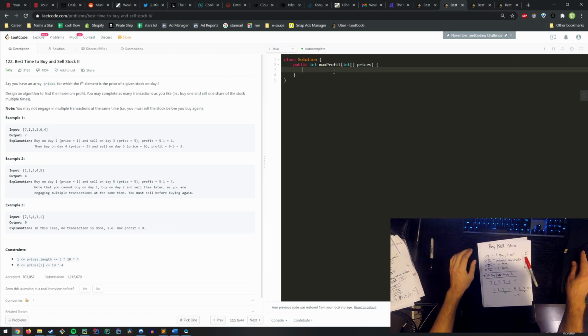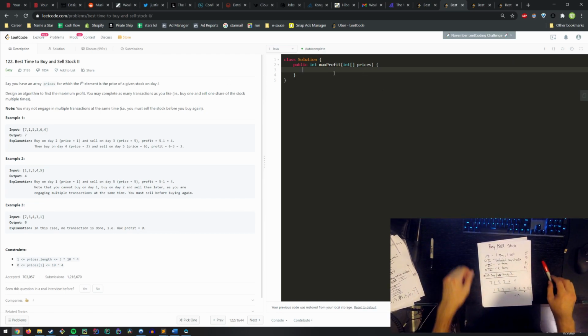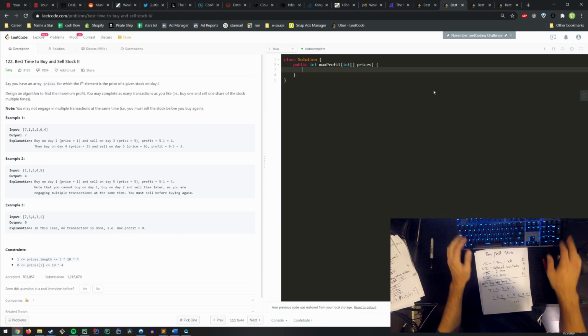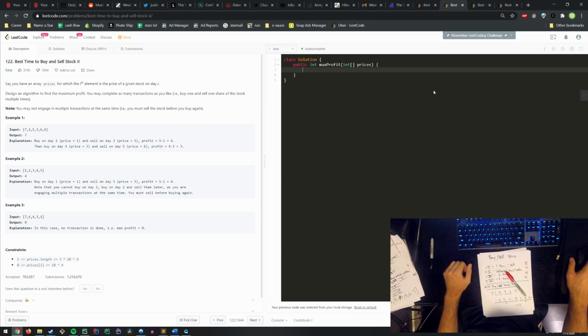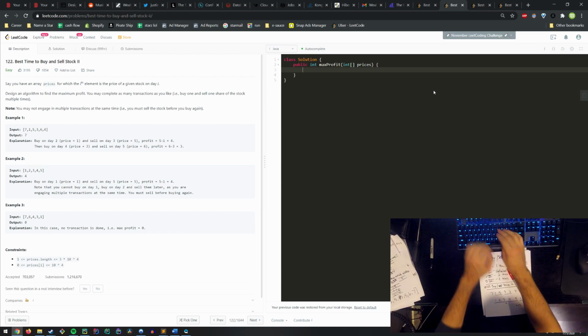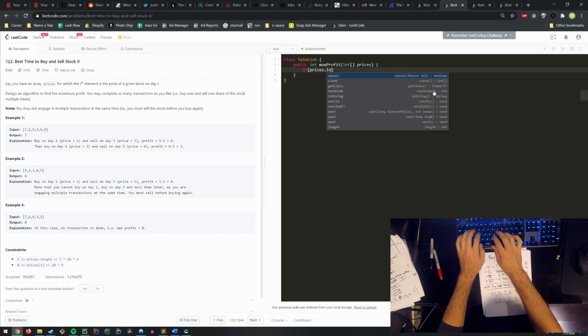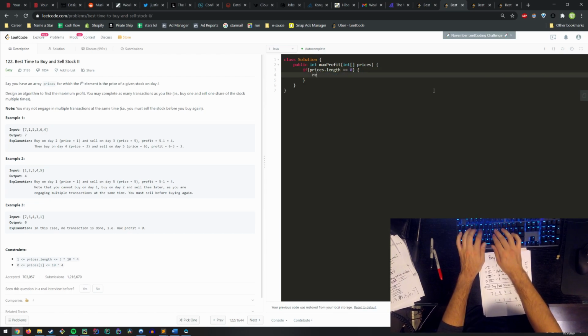See, buy sell stock 2. All right, we get an int array of prices. I'm going to assume valid input at this point. But I'm not going to assume that the length is 0. So in that case, we'll return 0.